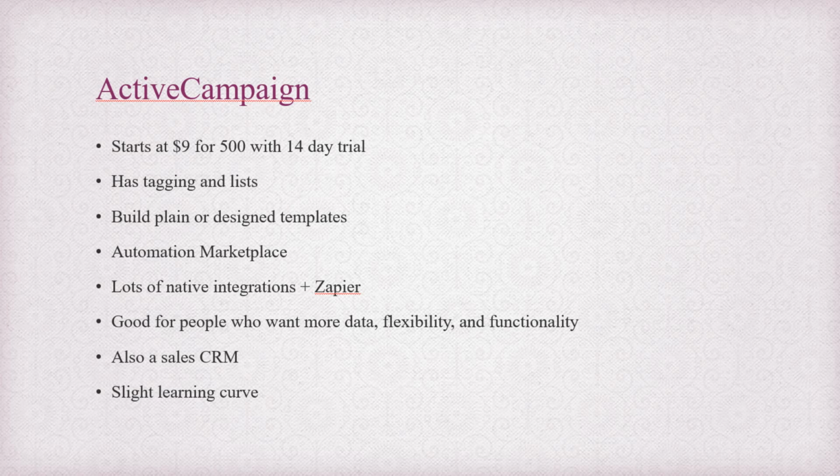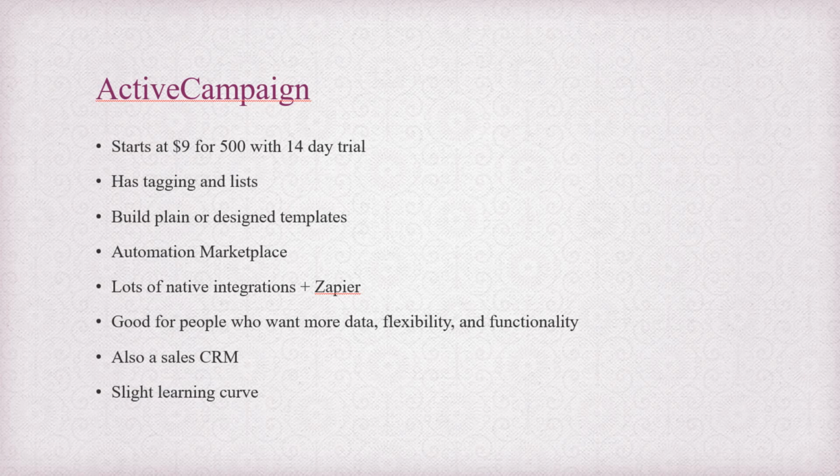You can build plain or designed email templates, and they actually have a little cool feature that tells you how likely your email is to be placed into spam. So that's a nice thing when you're designing your templates and you want to say, oh, I want to make sure this doesn't end up in the wrong place.